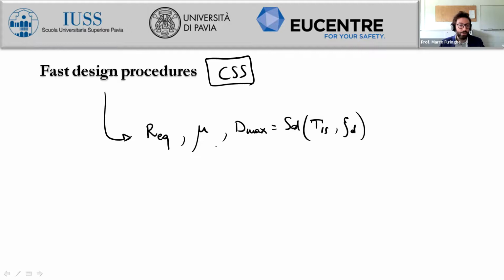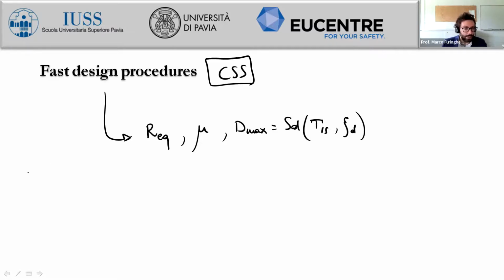The friction coefficient does not lead to any kind of geometrical information, so we will not use it. We will surely use the equivalent radius of curvature and the displacement demand.